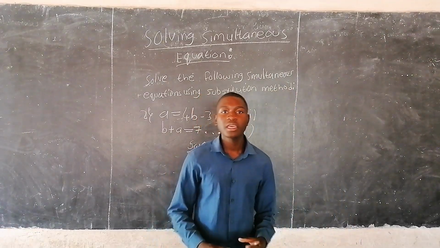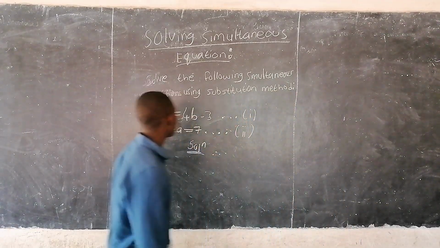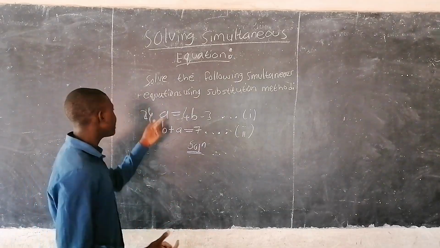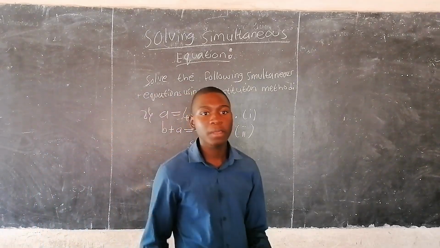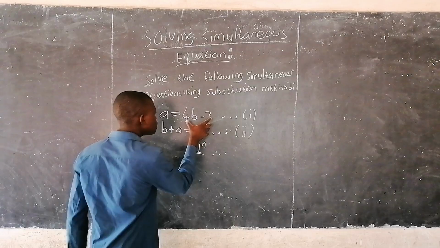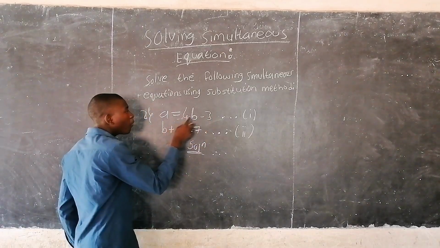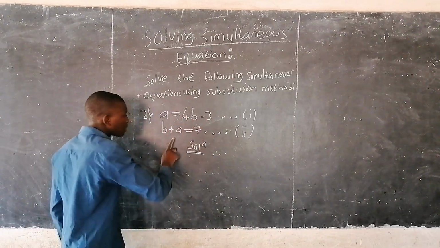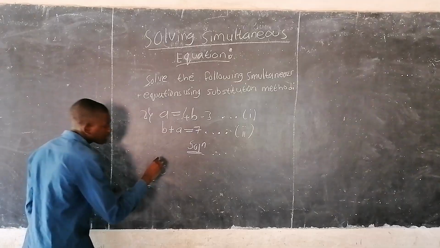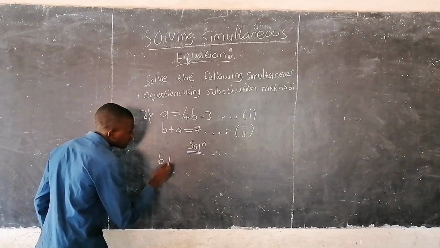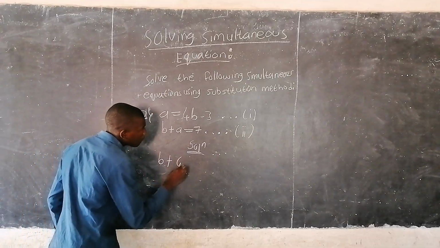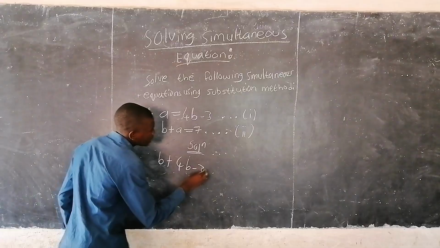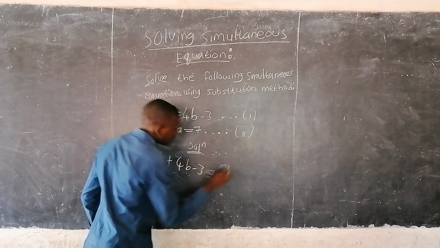Let's deal with question number 2. Here we can already see that a is already made the subject of the formula, so we can just substitute 4b minus 3 in equation number 2. So we will have b plus 4b minus 3 is equal to 7.